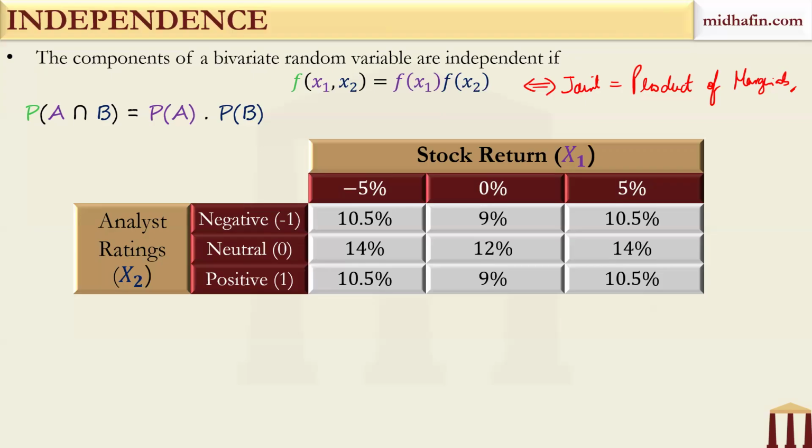So first let's find the marginals, then we'll find their product. How do we find the marginals? Of course, we'll add across the rows and columns. So if we add these three, what will be the marginal probability of x1 being equal to negative 5%?